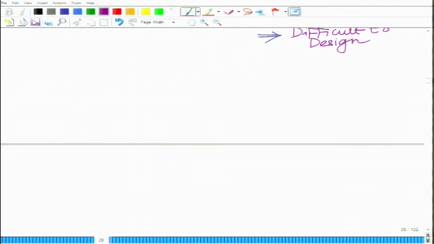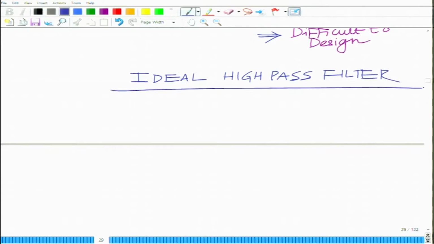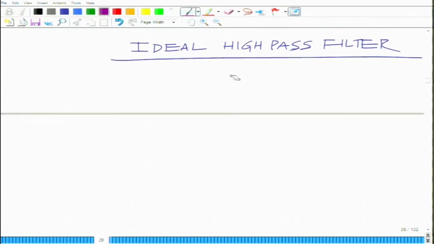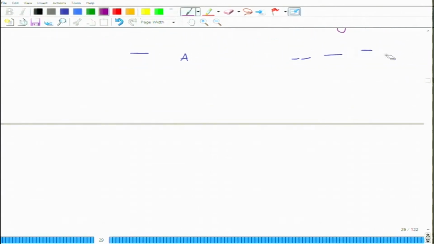Similarly, one can have an ideal high pass filter. Now, in an ideal high pass filter, let me just write it on a new page.